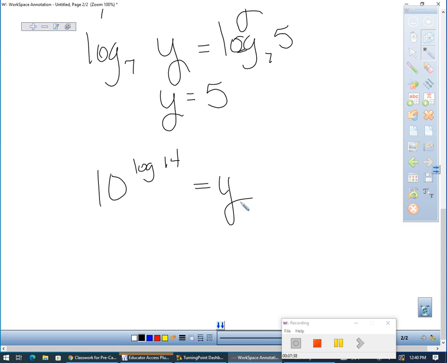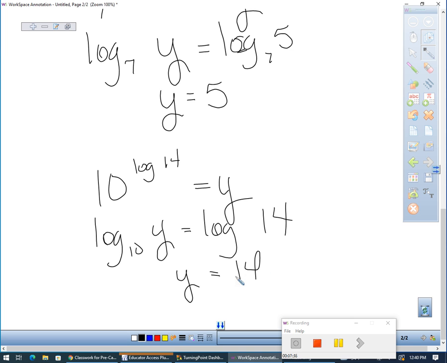And now let's rewrite this. We're going to say log 10 of y equals log 14. So y equals 14. I agree. So again, they look way worse than they are, right? Okay. All right, that's all you're doing through 23. You ready to move on to the next section?